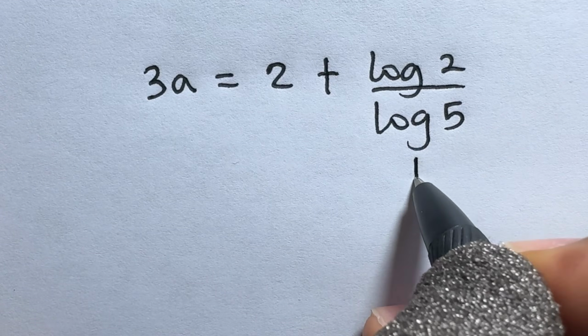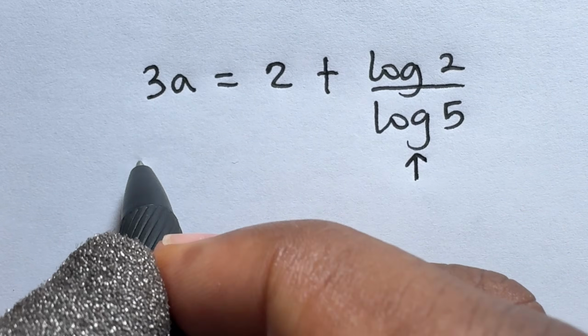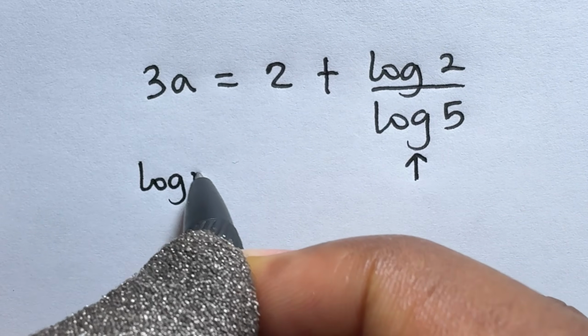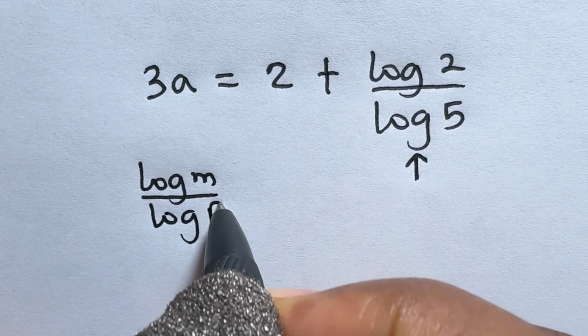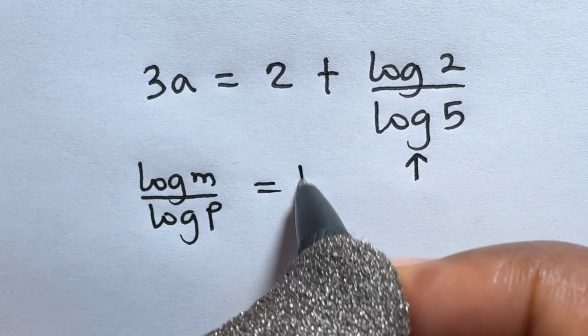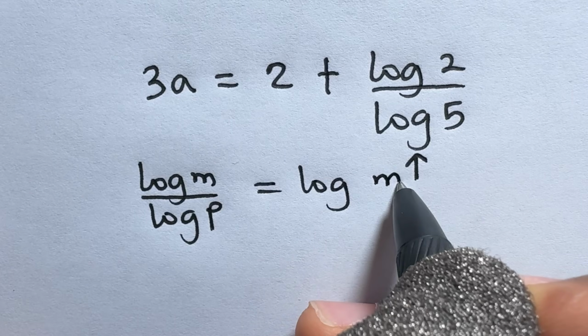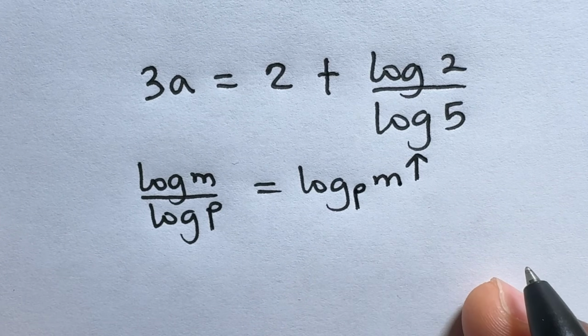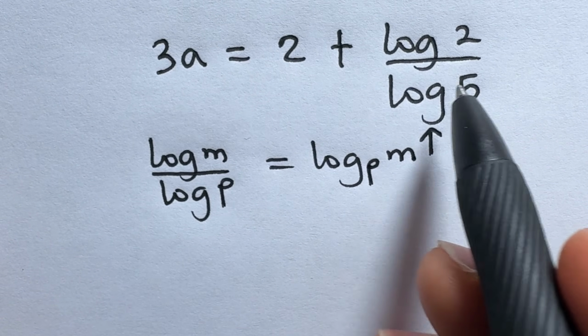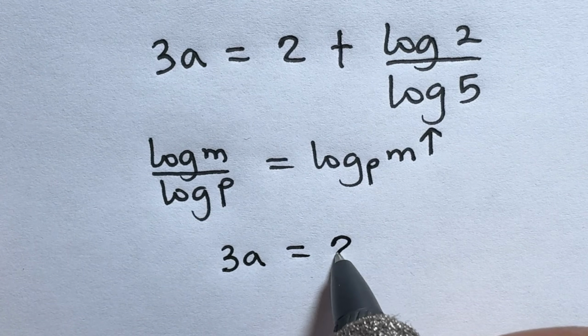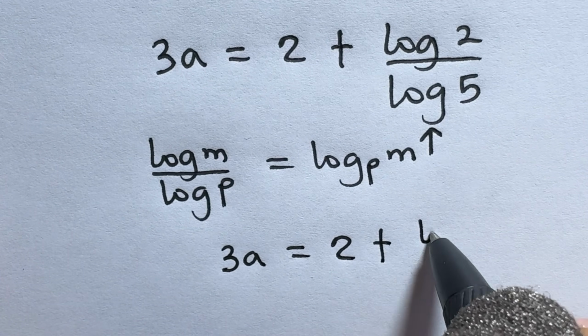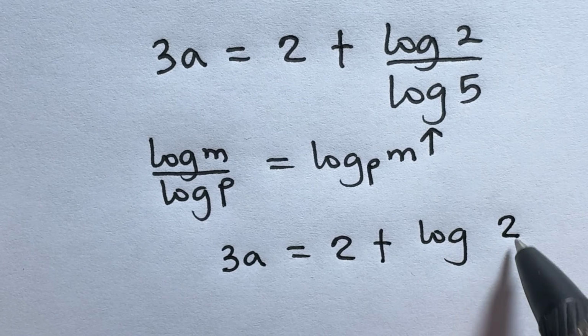Log 2 divided by log 5 is of the form log m divided by log p. By law of logarithm, this will give us log m base p. So all of this becomes 3a equal to 2 plus log 2 base 5.